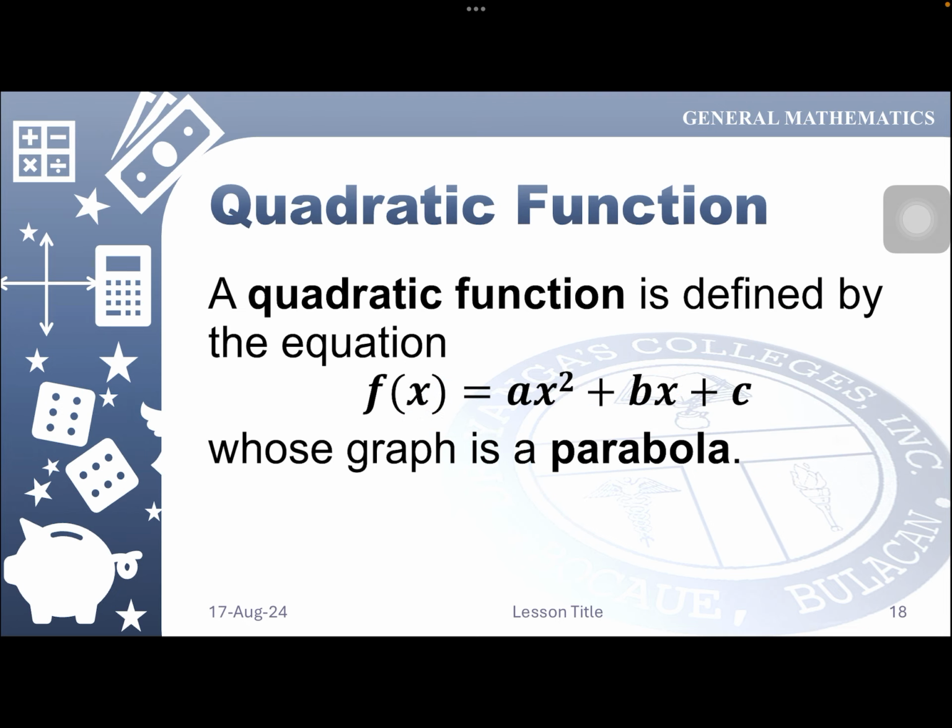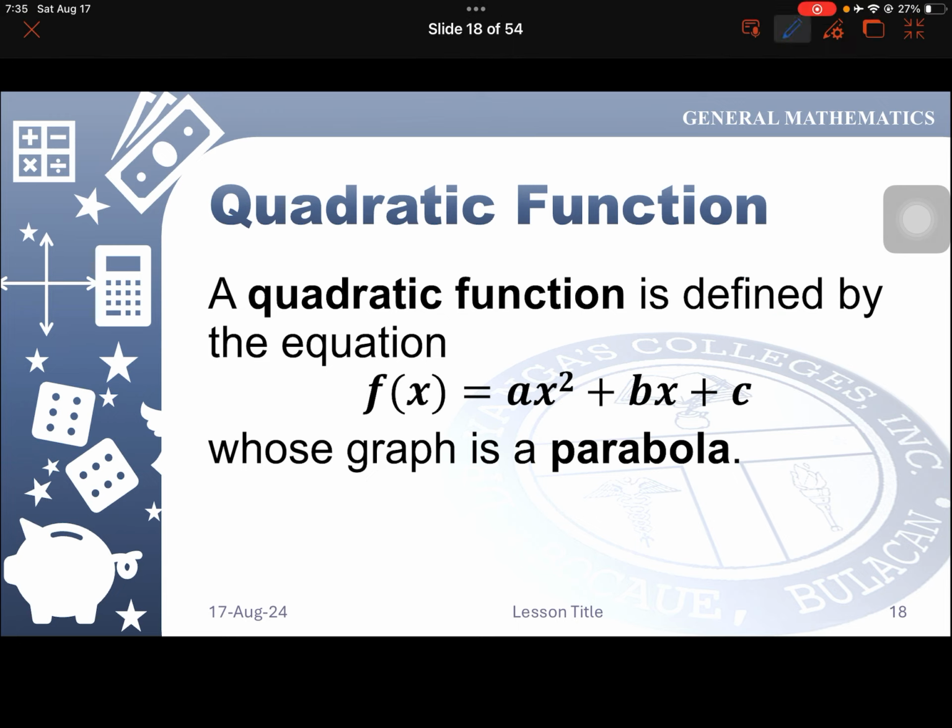Next, quadratic function. So quadratic function is defined by the equation f of x is equal to ax squared plus bx plus c, whose graph is a parabola. So as we can see here, the highest exponent for the quadratic function is 2.